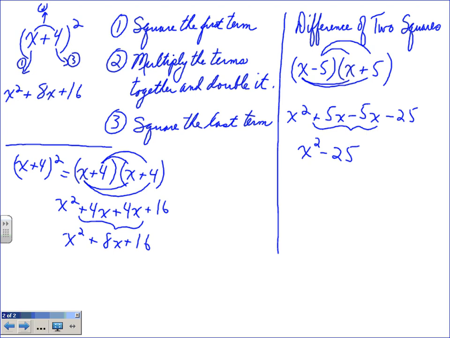If you can recognize that both these are the same except the signs are different, you can go from here right to the answer by multiplying the first 2 together and the last 2 together. And you get x squared minus 25. The difference, subtraction, of 2 perfect squares, x squared and 25.